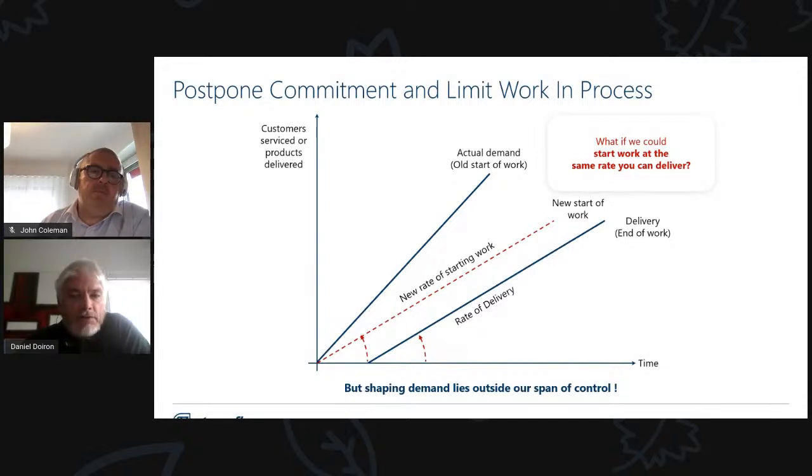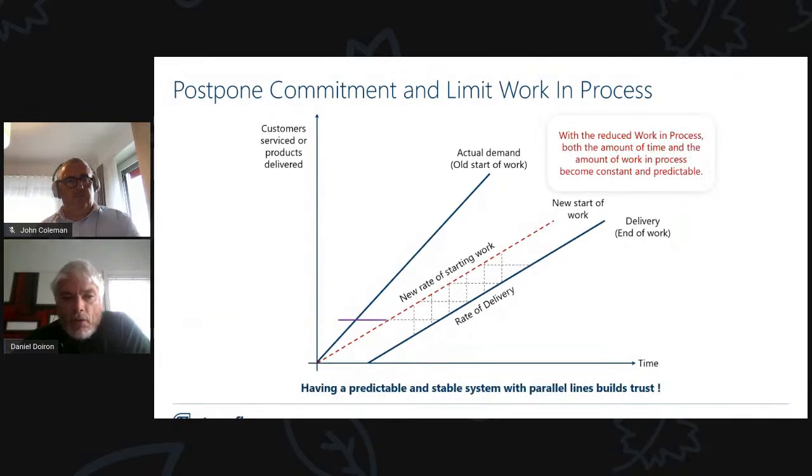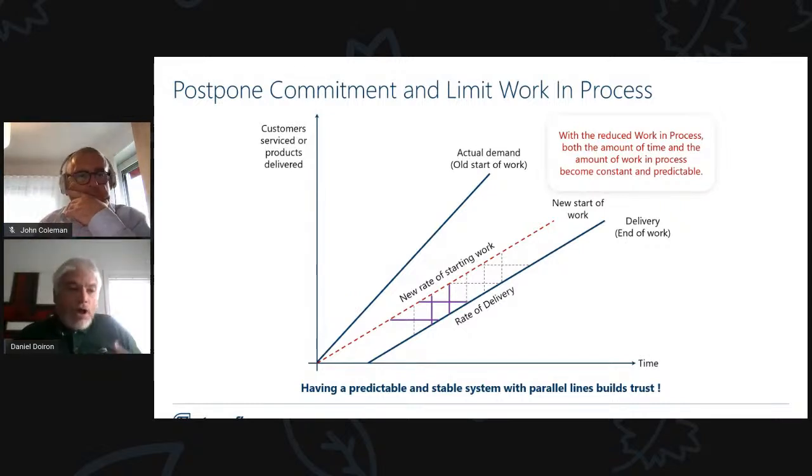You will tell that to your customer, and he will say, yeah, but what's in it for me? Well, basically, you can tell the customer that he would end up having a stable and predictable system, and it will build trust because he will always have constant delivery of his work items.